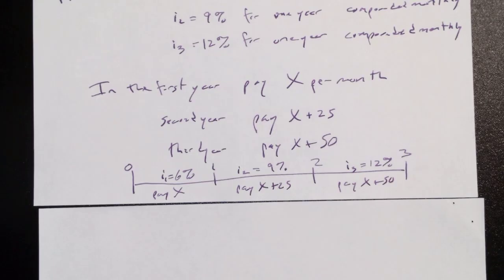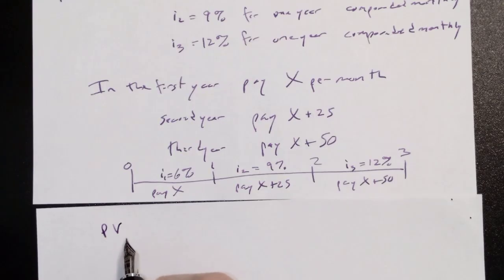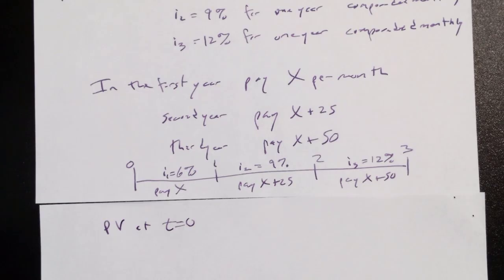So let's think about the present value at time 0. Let's think just about the first year for a moment. Ignore all the changes we're making in year 2 and year 3.